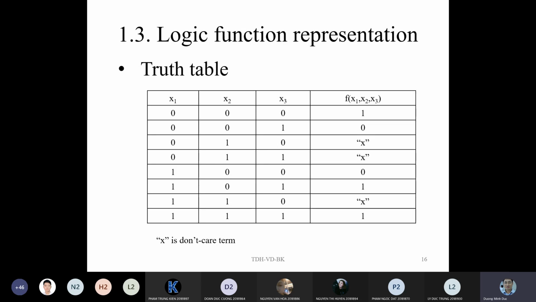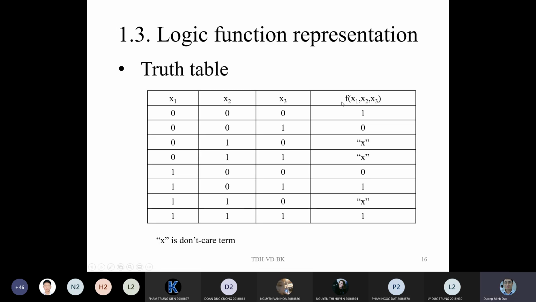No one is wrong. That is the meaning of the don't care term. We don't care about the value. We just check whether this combination is satisfied, this one, this one, this one, and this one. Then this function is right. We don't care about the value of these combinations.